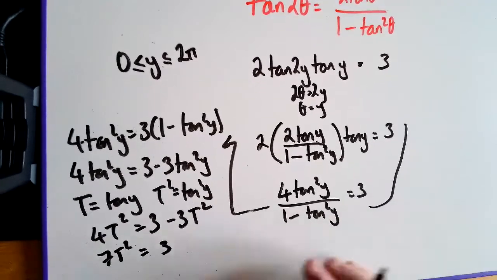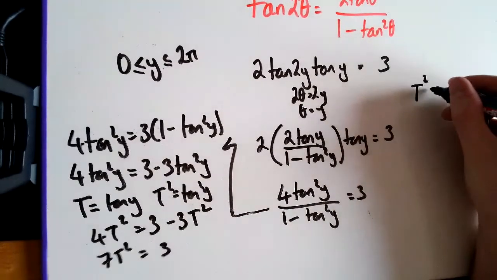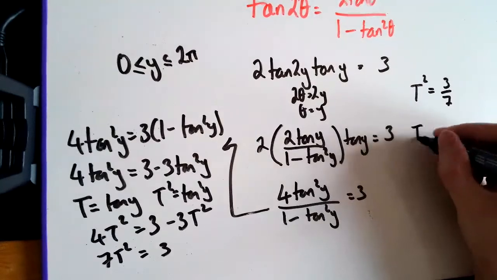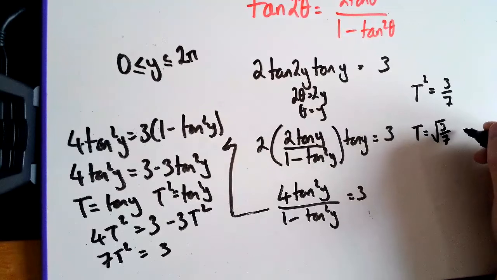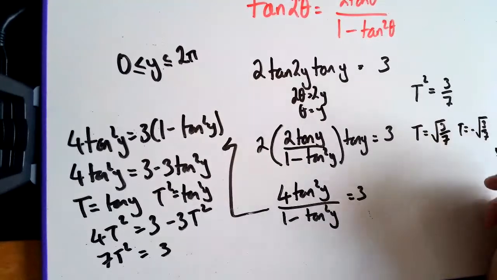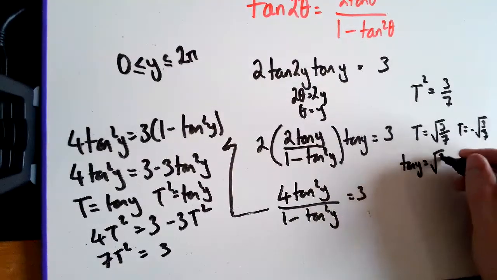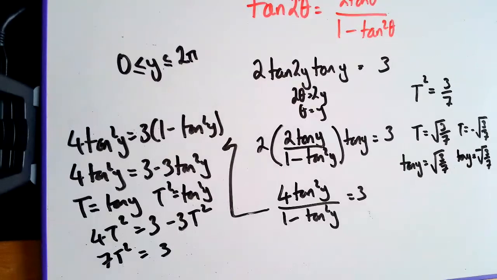If I divide both sides by 7, t squared is 3 over 7, then square root. So t is root 3 over 7, or t is minus root 3 over 7. So tan y equals root 3 over 7, and tan y equals minus root 3 over 7.